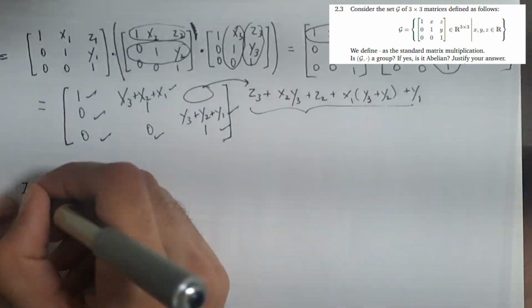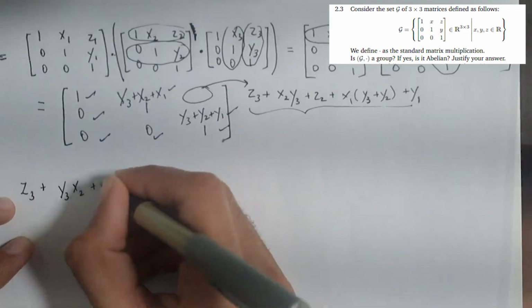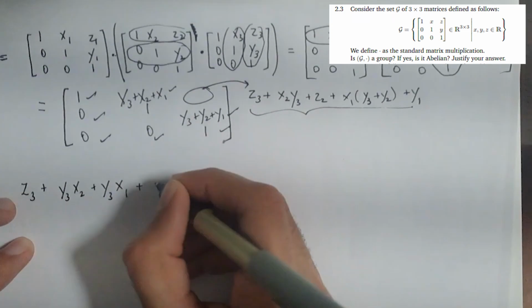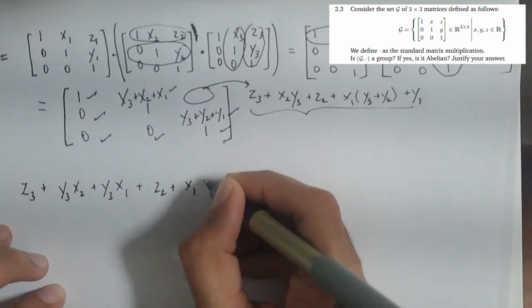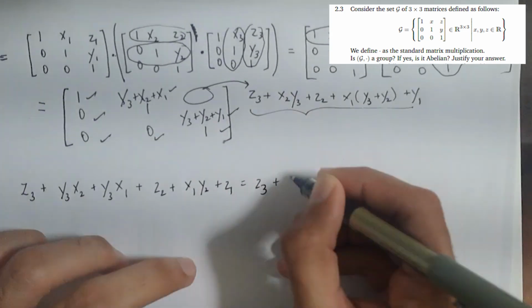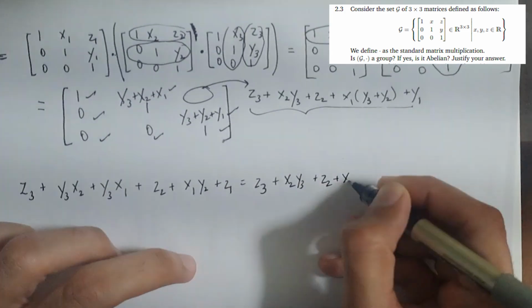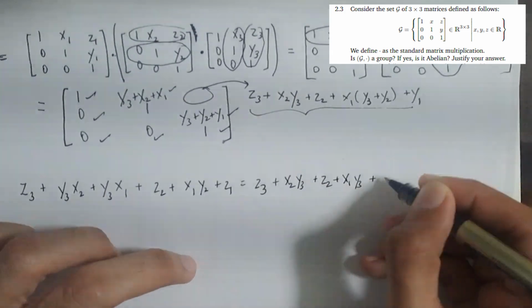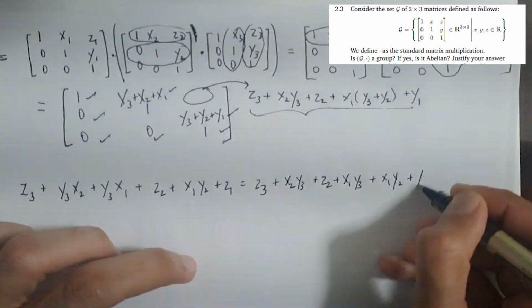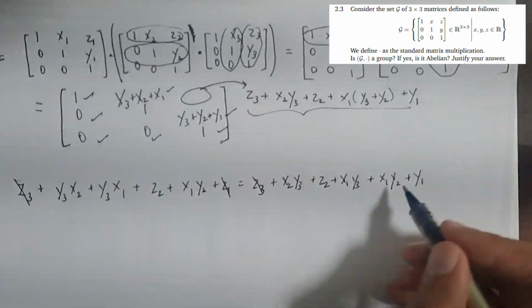So the left hand side value was this. x1 y2 plus z1. Okay, so this is the same on both sides.